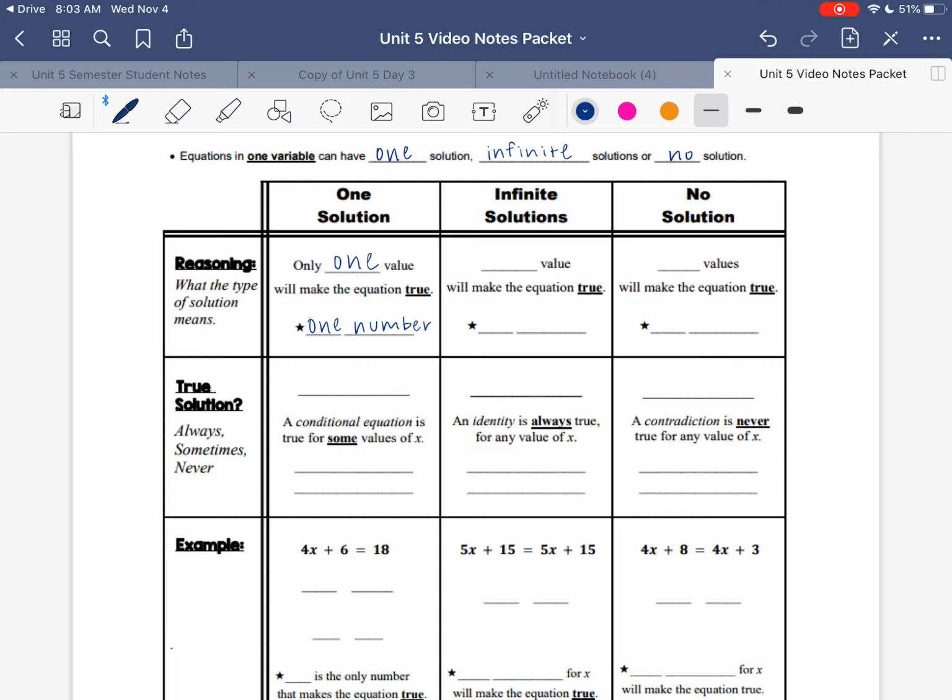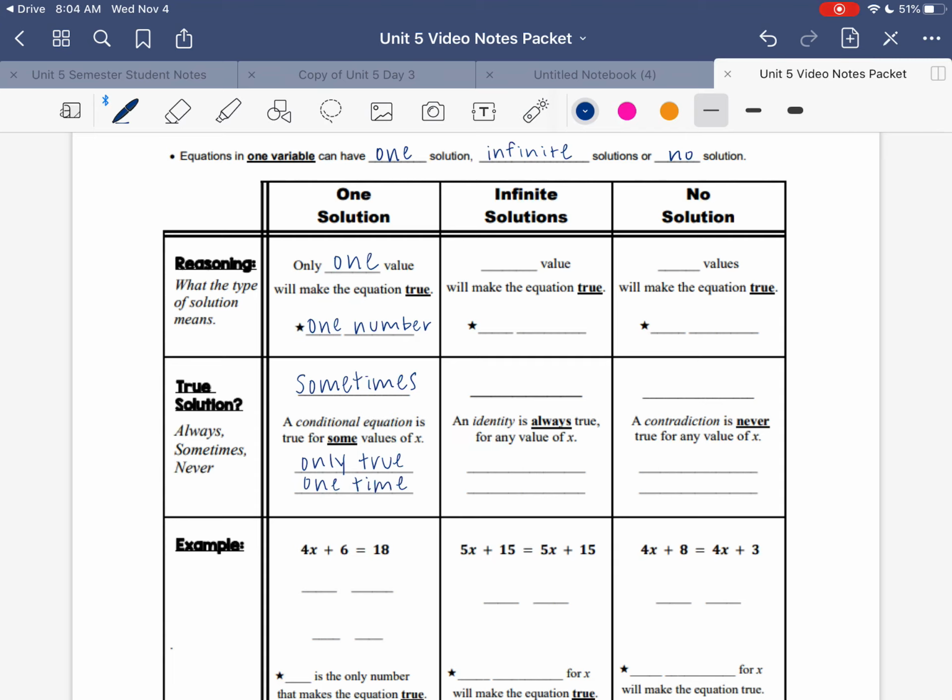And what that means is when we find our solution, when we substitute that number in, we'll get something that's true. The only time it will be true is for that one particular number. So it's only going to be true one time when we substitute in our one particular answer.